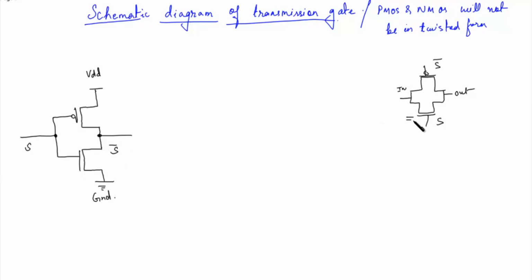Now this we will convert to the untwisted form. So first draw like this. PMOS and the NMOS. Undo this.